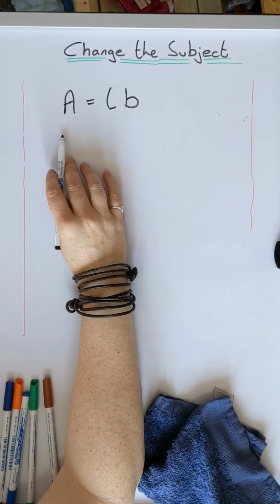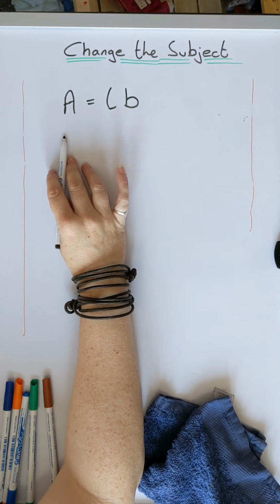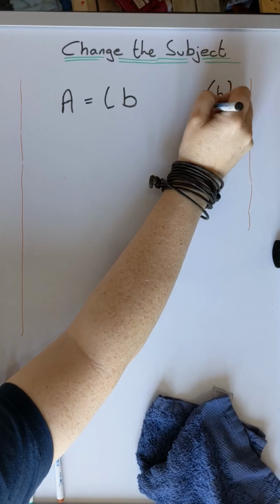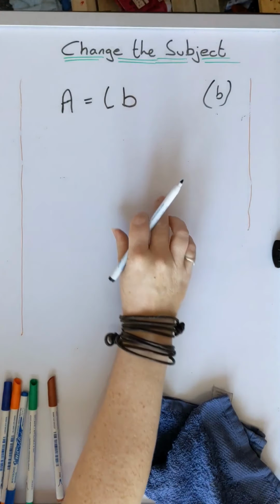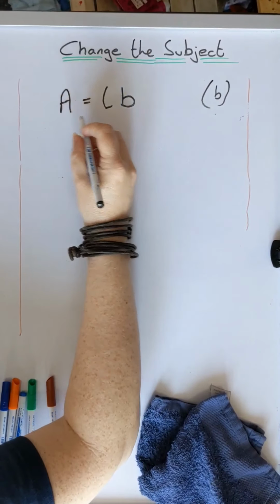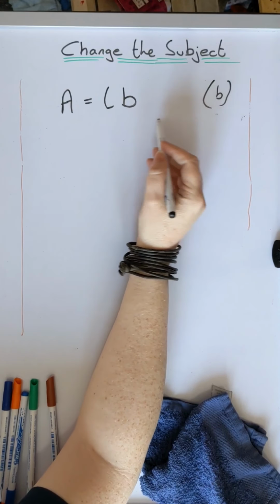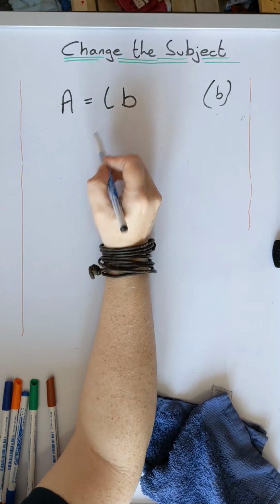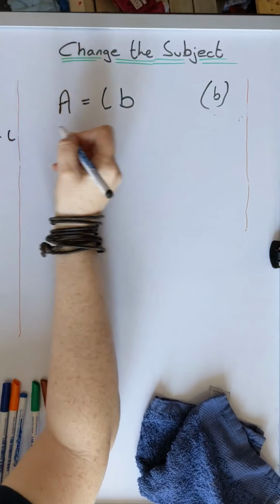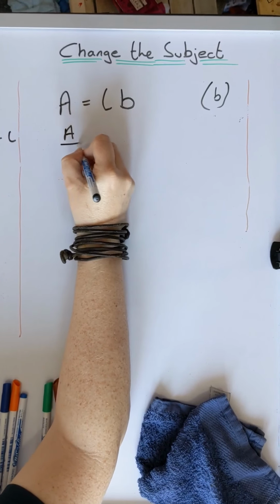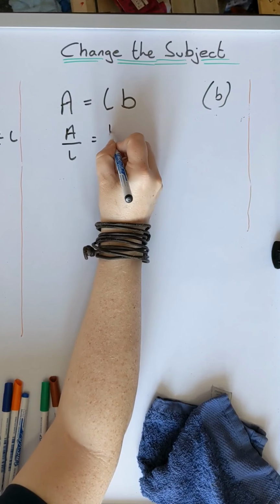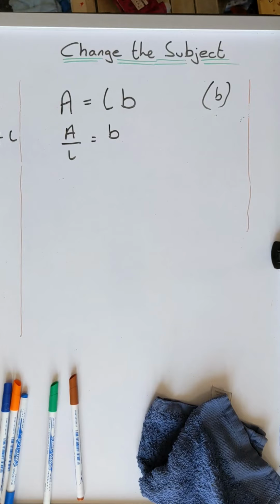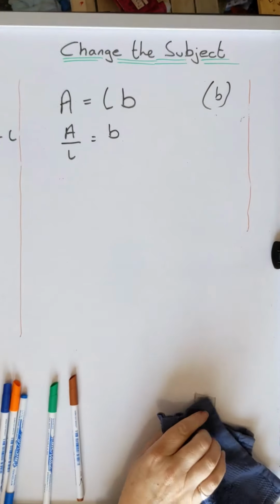If you are given the area of your rectangle and the length, and you're to find the breadth, so we're looking to find B, we need to be able to rearrange this. So we'd have a look and we'd say, okay, the L is multiplying the B, so I need to divide by L. I'm going to divide by L, giving us A over L equals B. So far so good. All pretty logical.